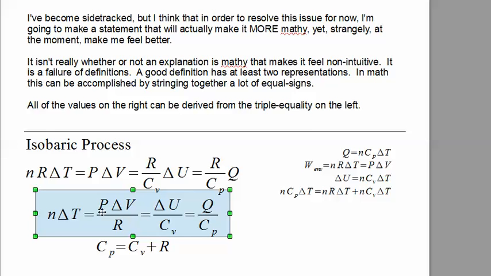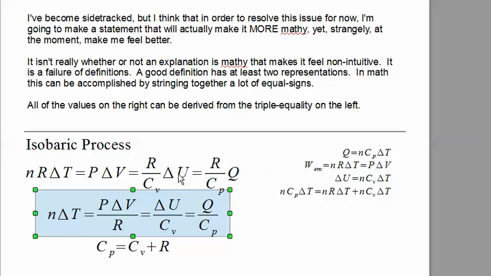For instance, P delta V equals nR delta T. You can also say delta U equals nC sub V delta T. And Q equals nC sub P delta T. So the thing we got rid of was the work on the environment.